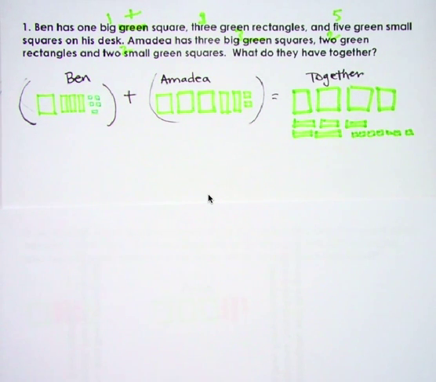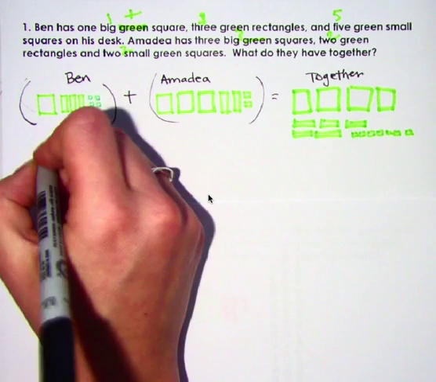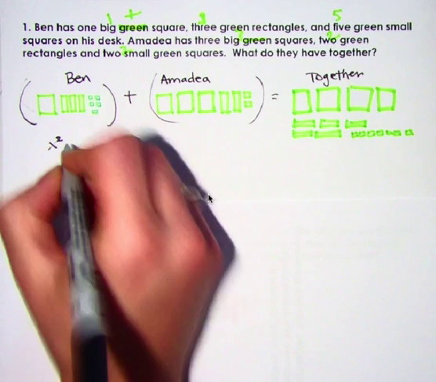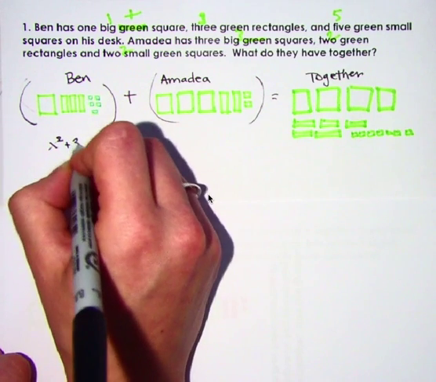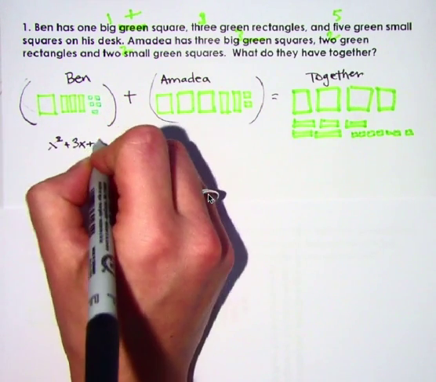But there's a way to do this using algebraic expressions and an algebraic equation. So Ben's polynomial, or his algebraic expression, is x squared plus, he has 3 x's, plus 5 small squares.